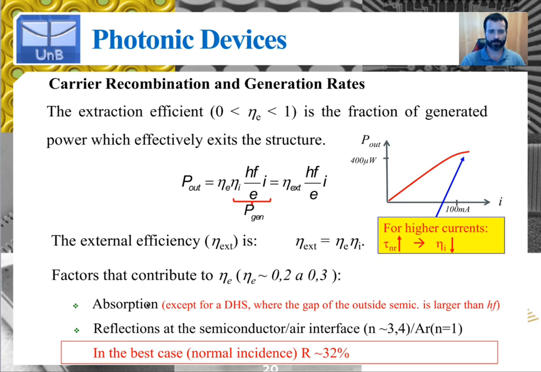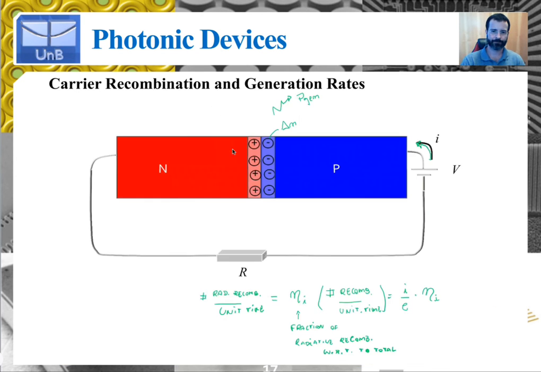So if you consider a regular p-n junction in a diode, you have the band gap in this region with the conduction and the valence band.